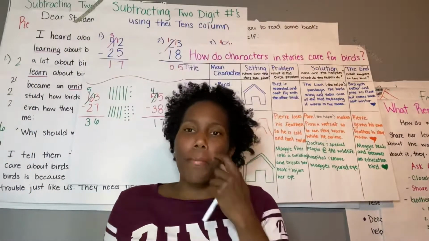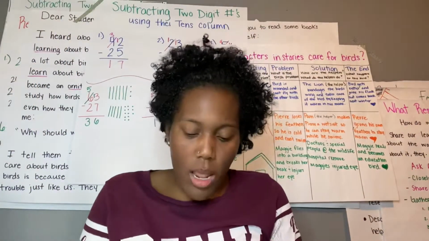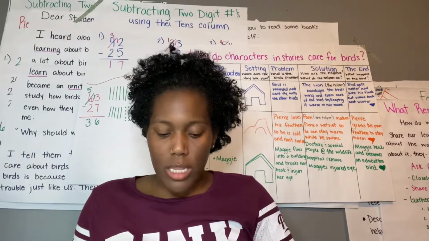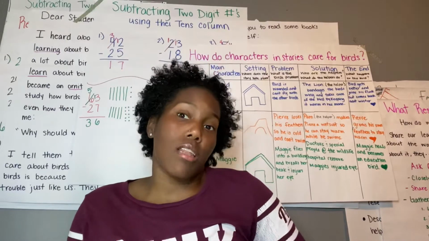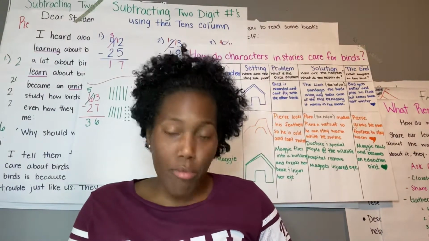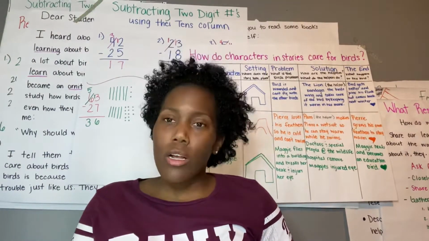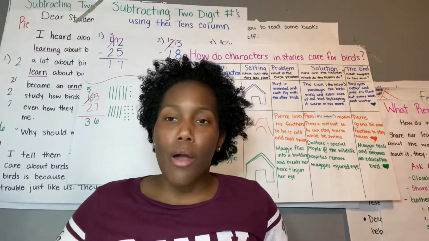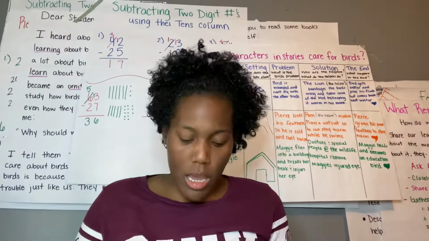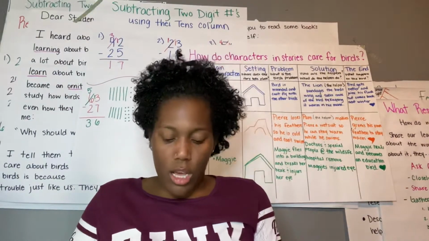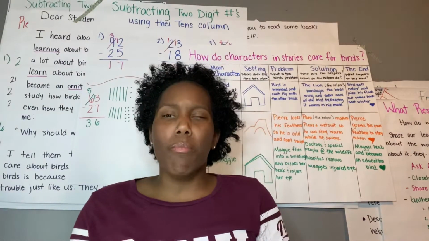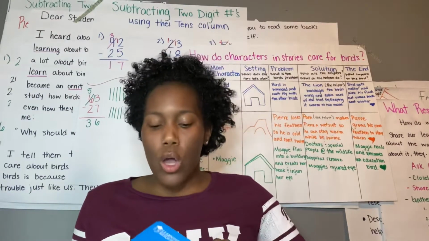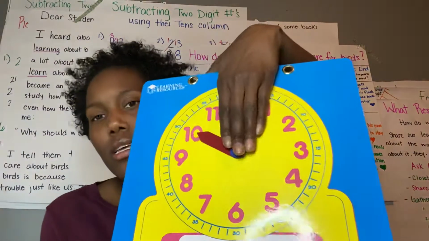Let's try another one. What would our clock look like if it was 10 o'clock? Let's say it's 10 o'clock in the morning. We're going to have some brunch. What is our clock going to look like? Well, we know we do our hour first. And I said that it's 10 o'clock. So where should my red hand be? Exactly, on the 10. There it is.